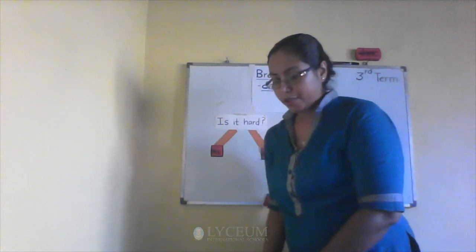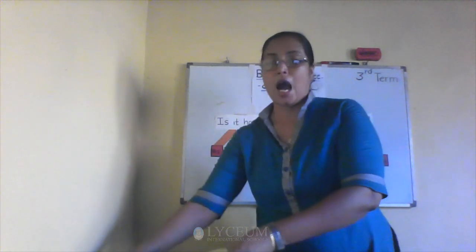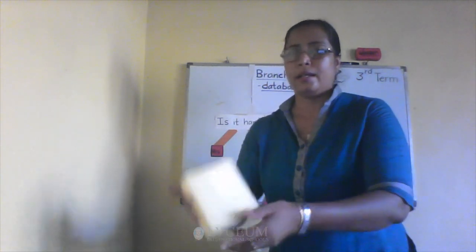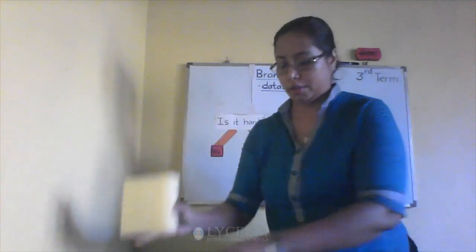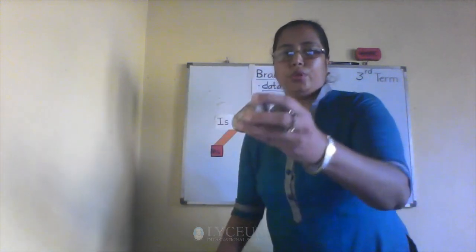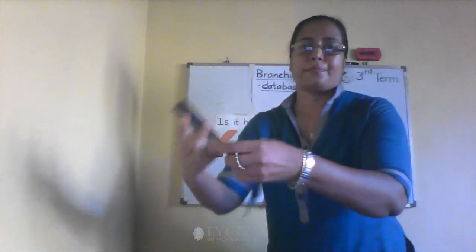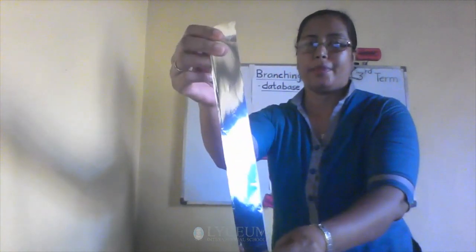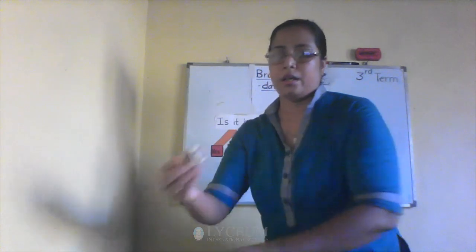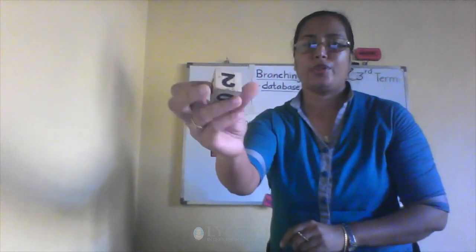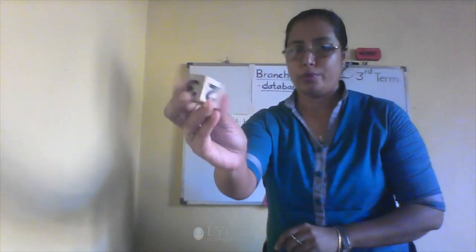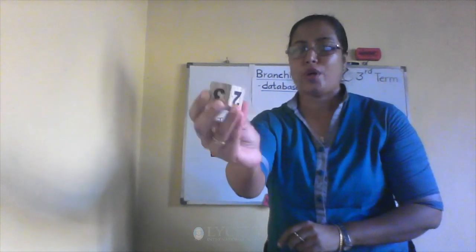Now these are some of the objects and the materials that I will be using today, right? A piece of sponge, stone, a silver paper ribbon, a wooden dice. Now if you don't have a wooden dice, you can use a wooden cube, right? You don't need to worry, okay?